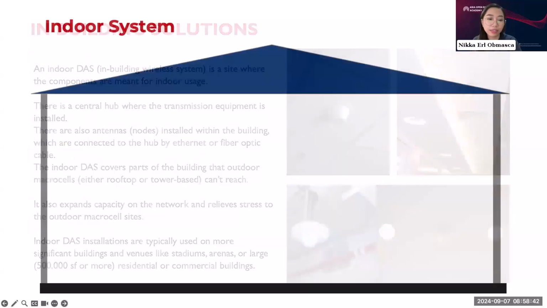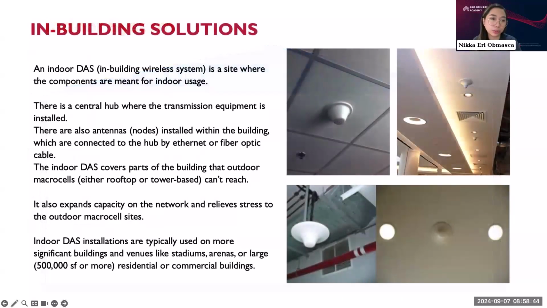Next we have is what we call the in-building solution. So, is an indoor DAS or in-building wireless system. So, kung makakakita kayo sa mga malls ng mga antennas na kagaya nito, sa mga nasa office, na nasa building, mga hotels, and other structures, makakita kayo ng mga ganitong kinds of antennas.